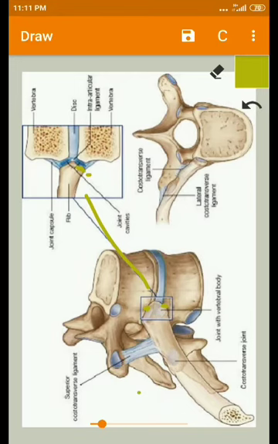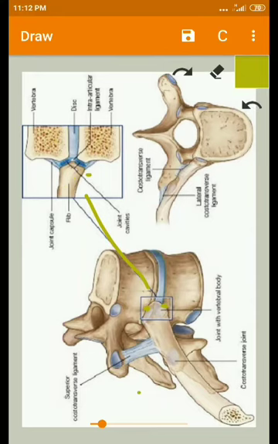So for example, if we consider this one is the second rib, so the inferior facet articulates with the second thoracic vertebra and the superior facet articulates with the above vertebra, meaning first thoracic vertebra.